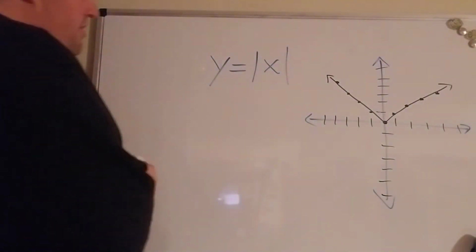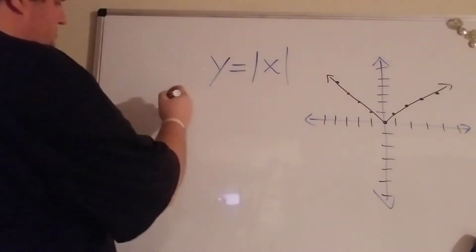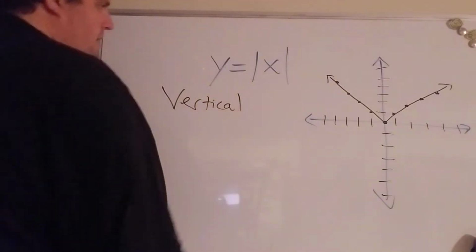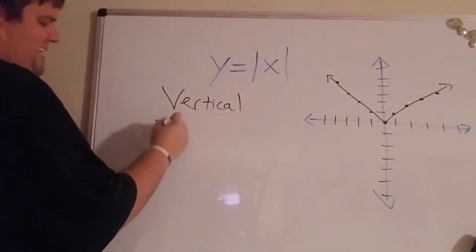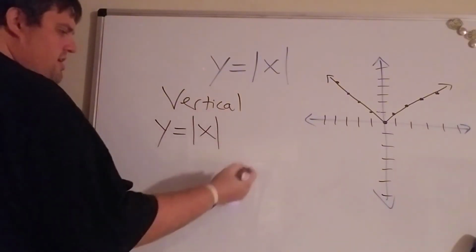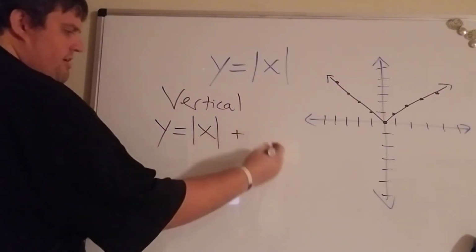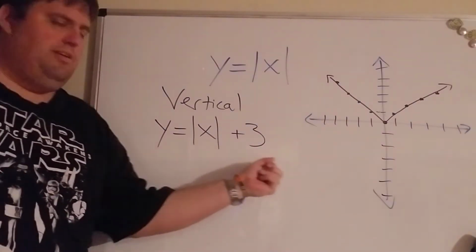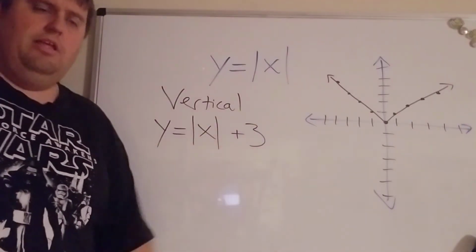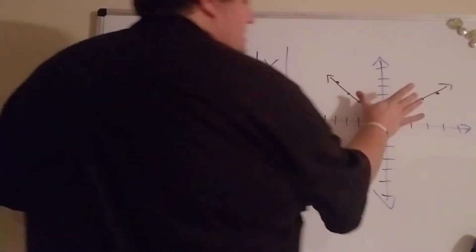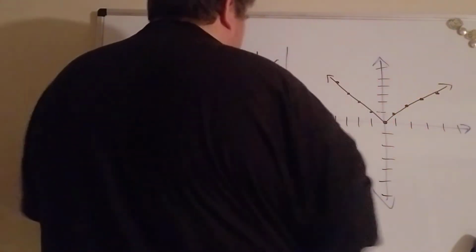So let's talk about vertical and horizontal shifts. A vertical shift is going to be just like it was with linear functions. It's going to be out here. If we have some number that we're adding or subtracting after the absolute value sign, it's going to take the same V and shift it.